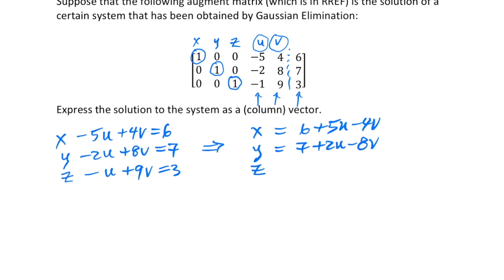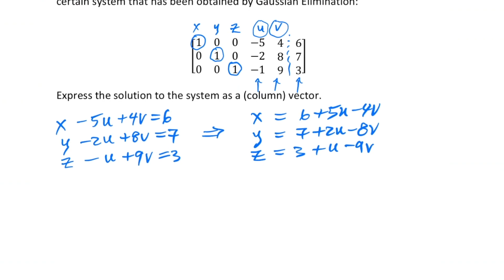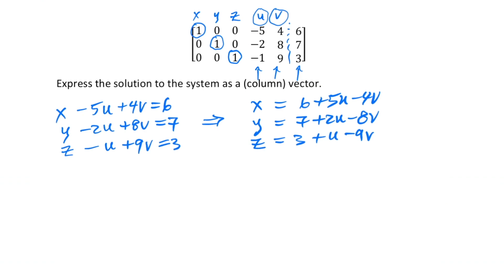And z equals 3 plus u minus 9v. And then I want my solution set to be x, y, z, u, and v. Now u and v are free variables, so that's going to be 0 plus u plus no v's, okay, to just make everything look the same.